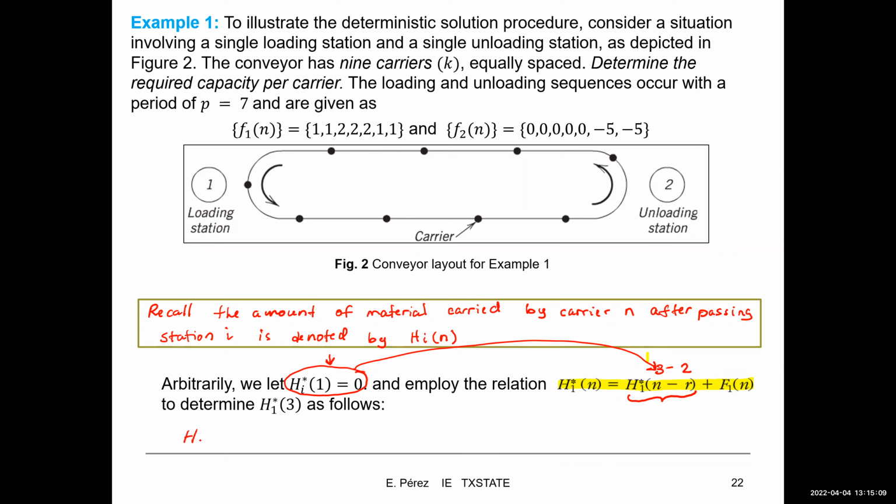So H1 star of N equals 3 will be equal to H1 star of 1 plus F1 of N equals 3.